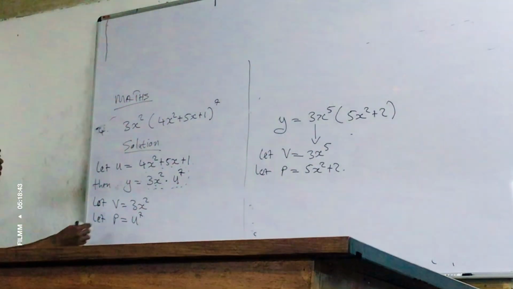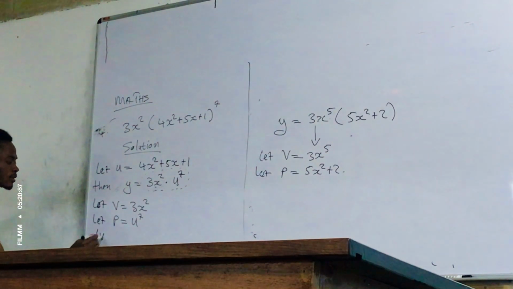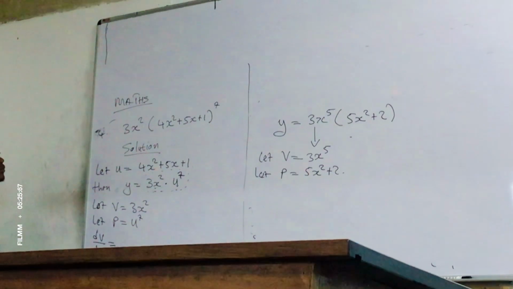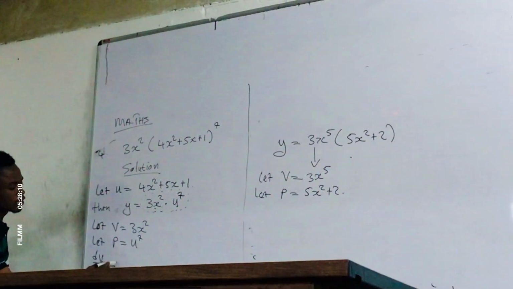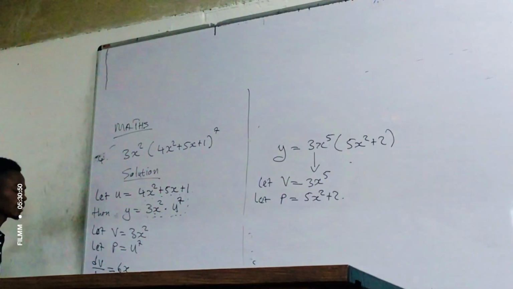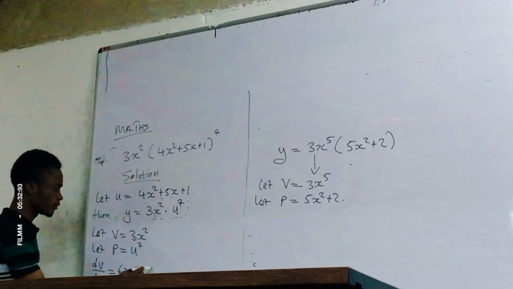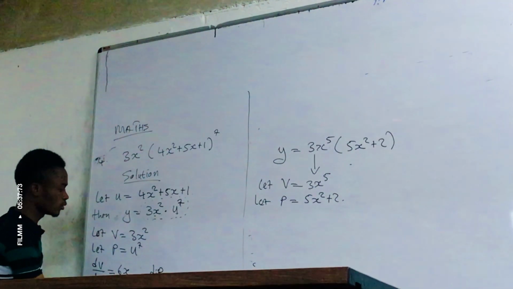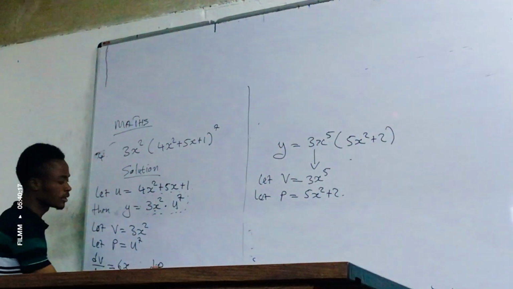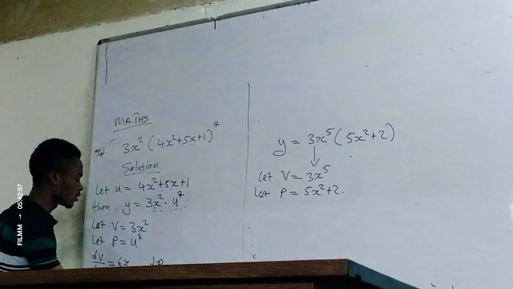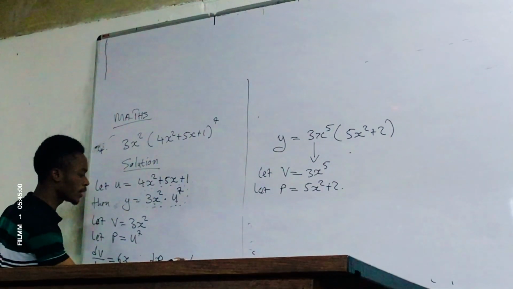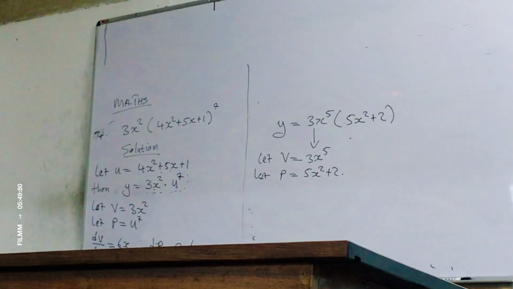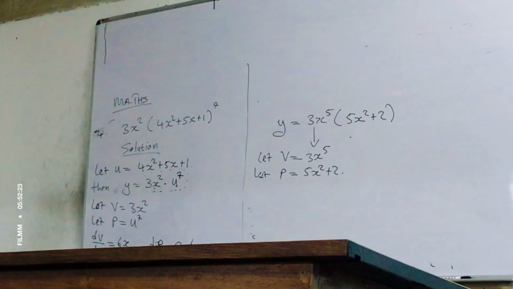You say dv dx is equal to 6x. And then we have dp du. This is going to give you 7u to the power 6. You have that part. What are you going to do next?